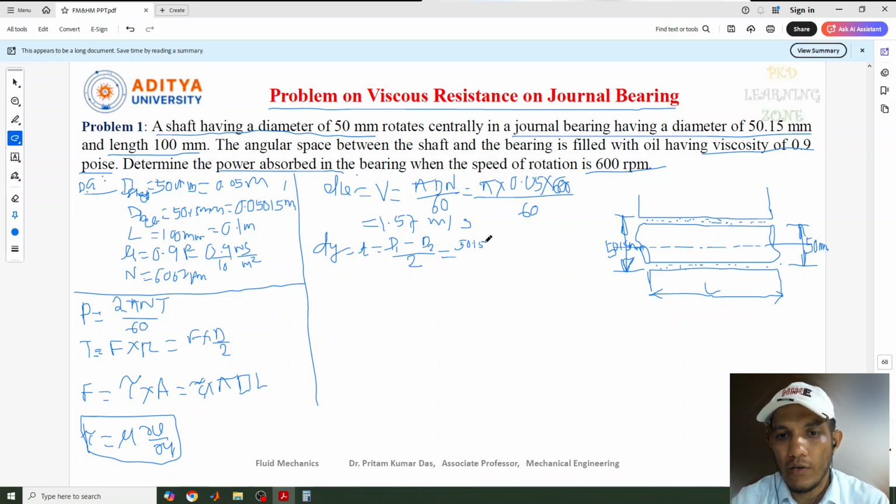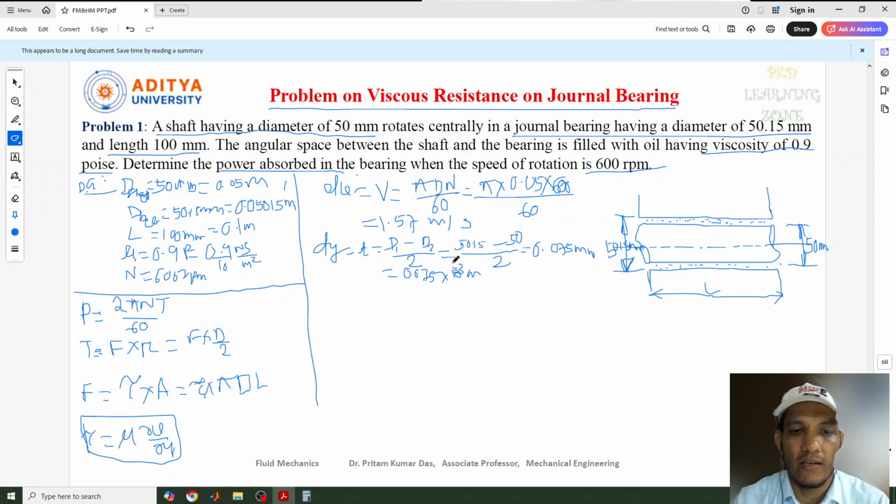So this is 50.15 minus 50, divided by 2. So we will get 0.075 millimeter, and we also need to consider this in meters. So we can write this as 0.075 into 10 to the power minus 3 meter. So we got this value. Now we'll put this value in the tau equation.